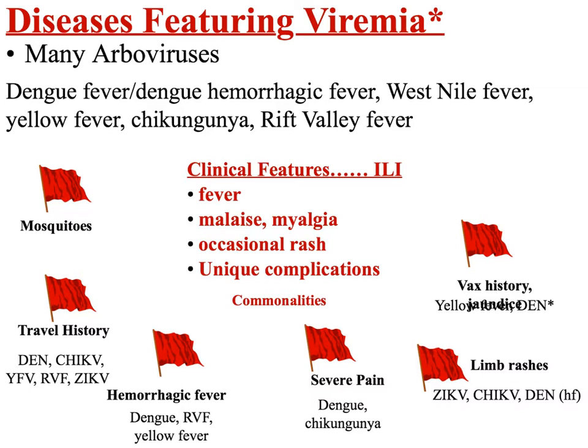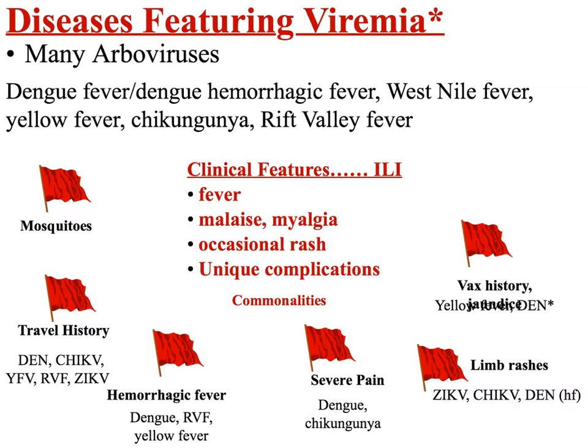But the key clinical features of these guys is, once again, present typically as severe influenza-like illnesses. You have fevers, malaise, myalgia. You just have patients who don't feel well, and they're quite clearly sick. But it's not super obvious that it's confined to one area of the body.